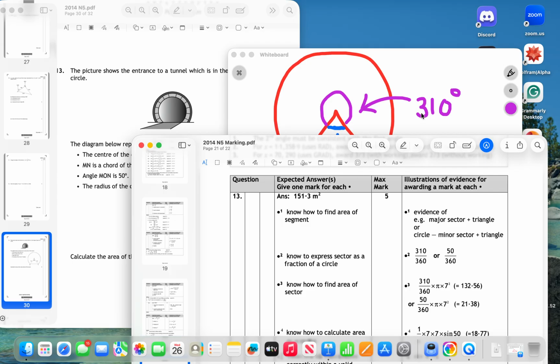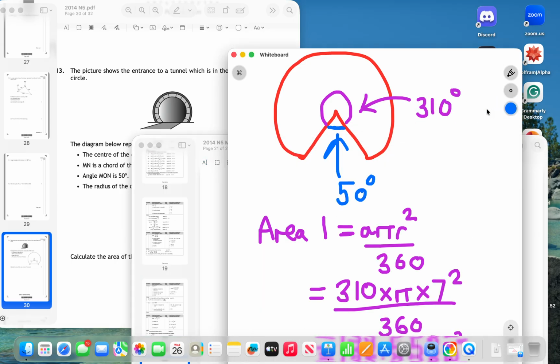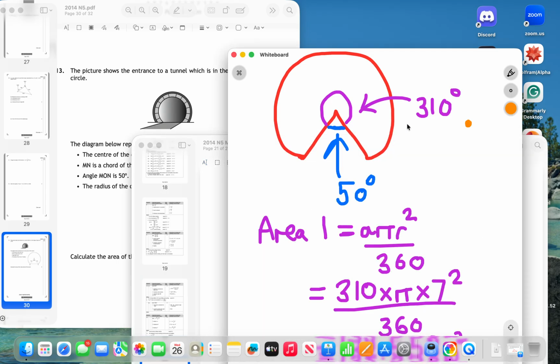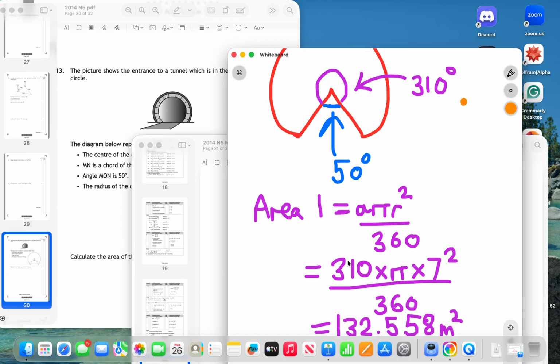Then knowing to express the fraction. So the next part is finding the fraction of the circle. So this here would be 310 over 360. So we have, this is the second mark.